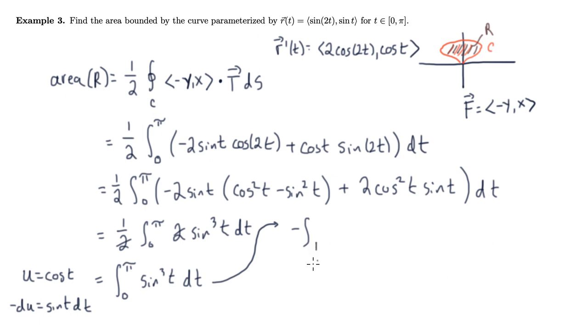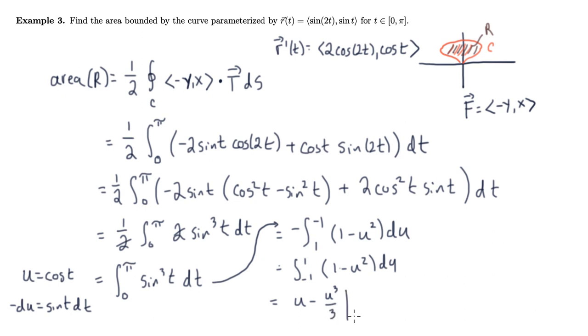If t is 0, cosine of 0 is 1, and cosine of pi is -1. Then we're left with the sine squared, but that's 1 minus cosine squared, which is 1 minus u squared, du. We can flip these limits, so that's -1 to 1 of 1 minus u squared du. And this is u minus u cubed over 3, evaluated from -1 to 1.